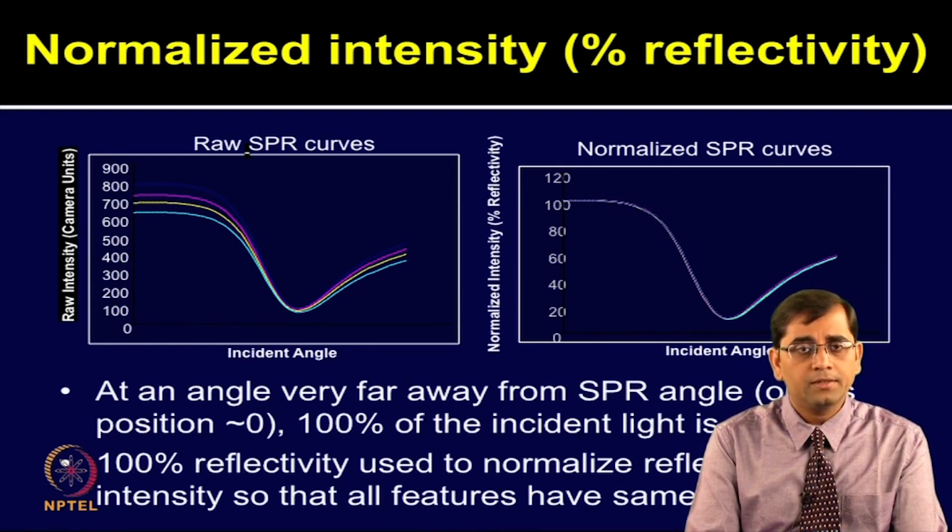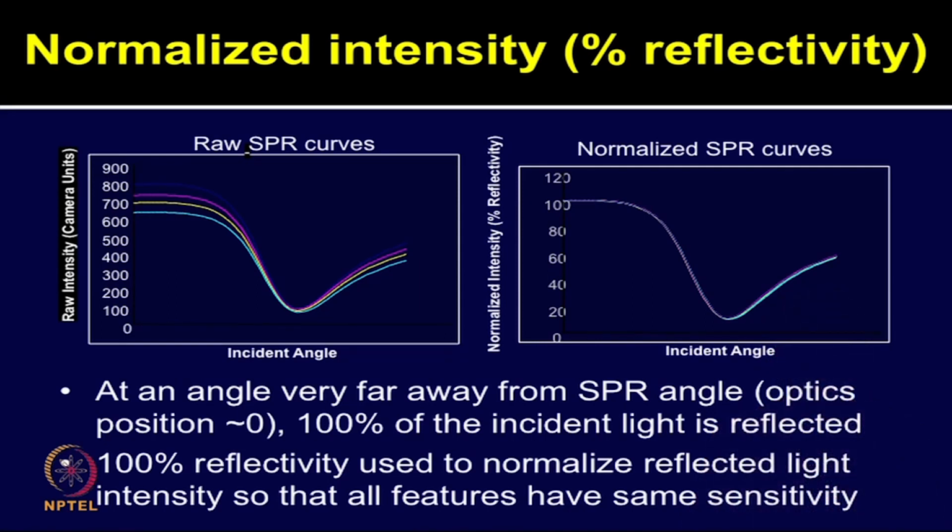Now, the 100% reflectivity can be used to normalize the reflected light intensity, so that all the features have uniform sensitivity. Data processing in SPR imaging involves multiple steps. We have already discussed a few considerations for data processing and analysis in the previous lecture when we talked about surface plasmon resonance. Similar concepts can also be applied here.